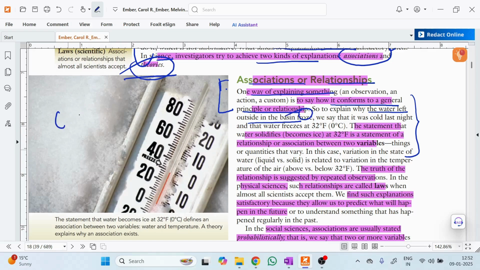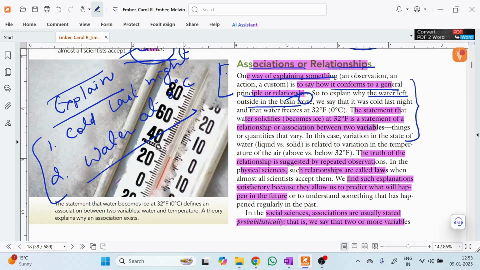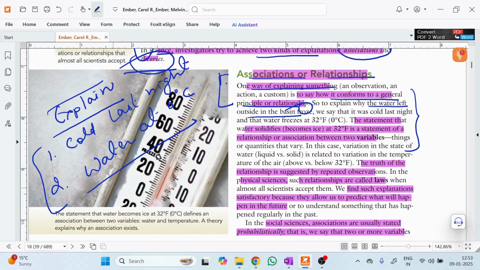So while seeking an explanation, there is a two-part answer. The first one is it was cold last night, and second, water freezes at 0 degrees centigrade. So this two-parter can be made into: first, it was 0 degrees last night, and then water freezes at 0 degrees.